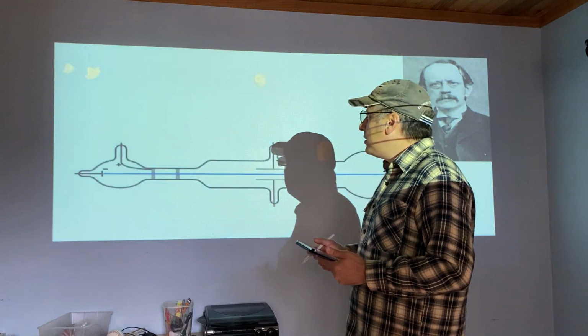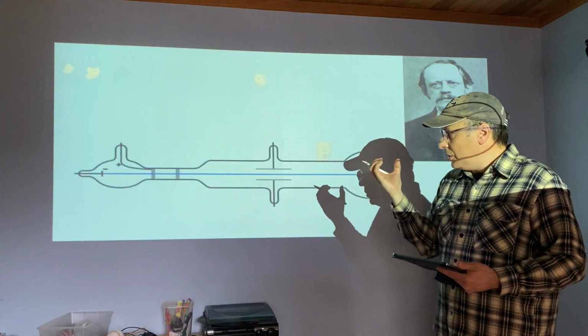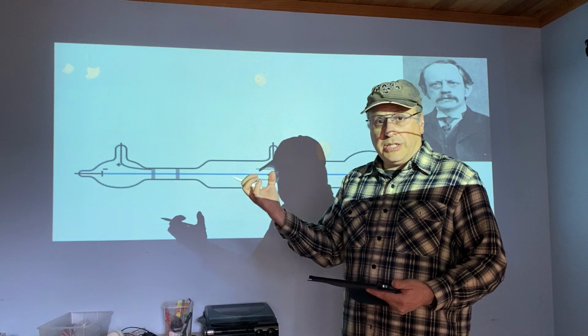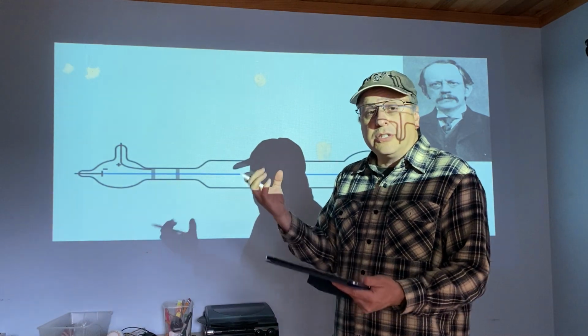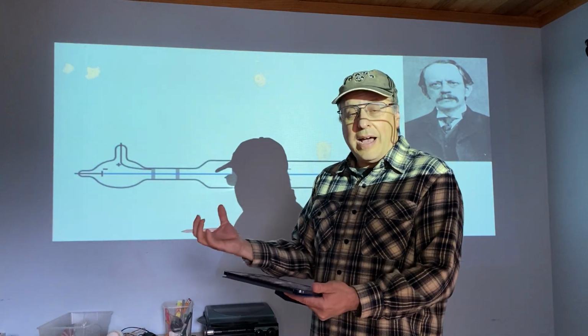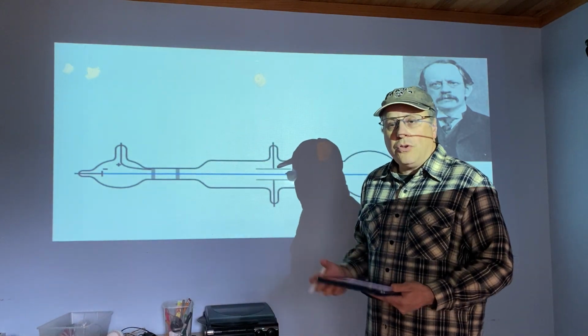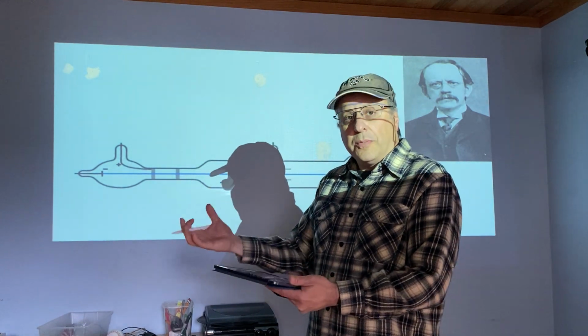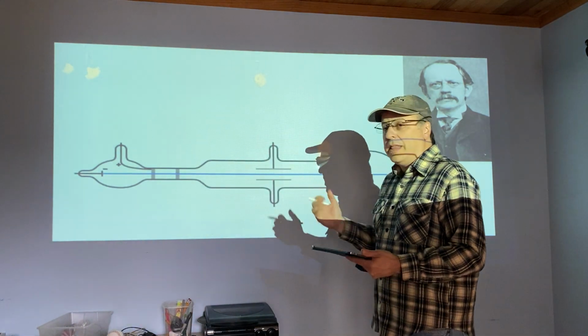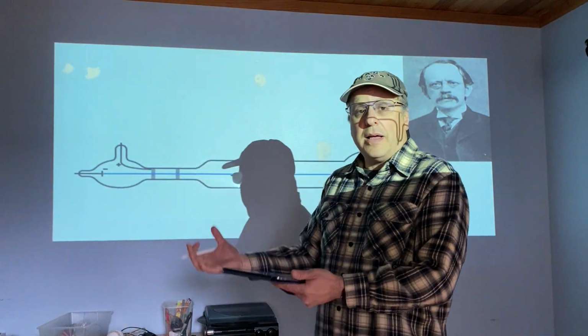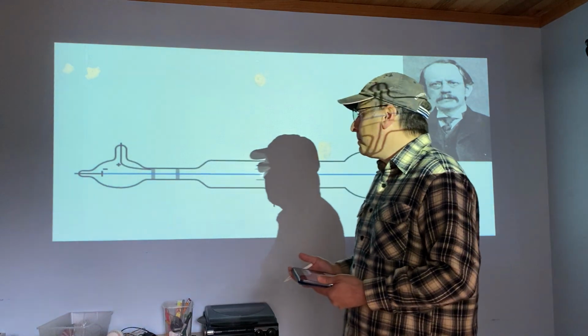So what Millikan discovered is that the charges of these oil drops were quantized. You could never get less than a certain number, and you could then only get integer multiples of that number. You could never get 1.5 times that fundamental charge.